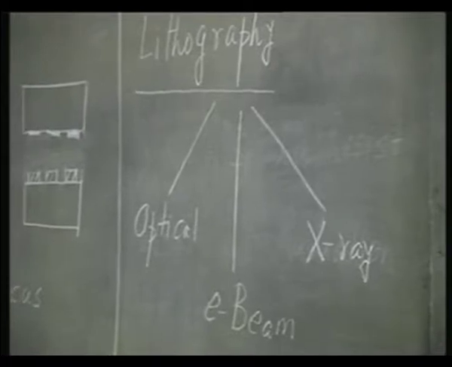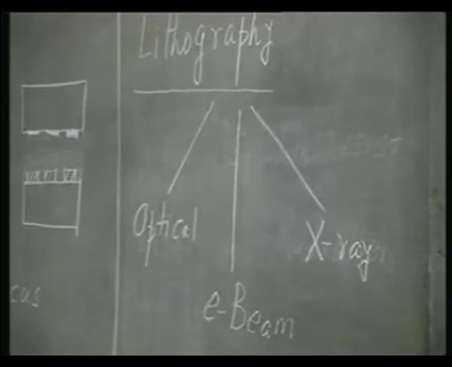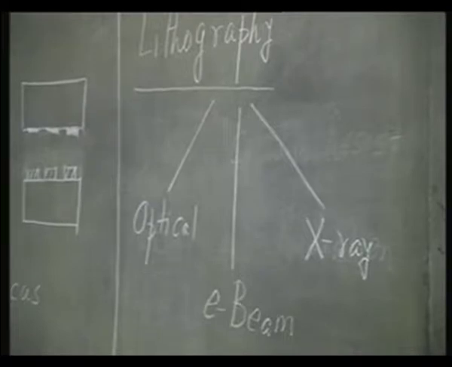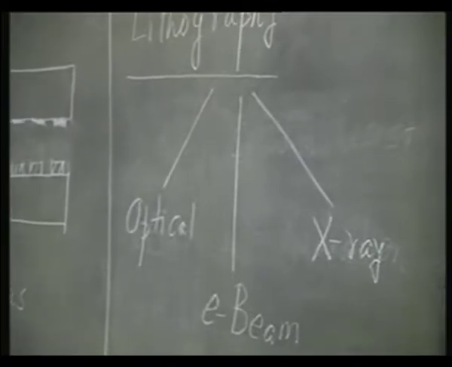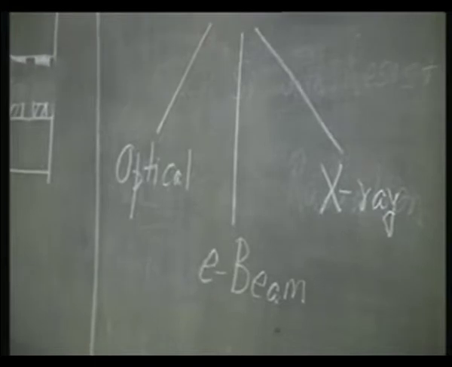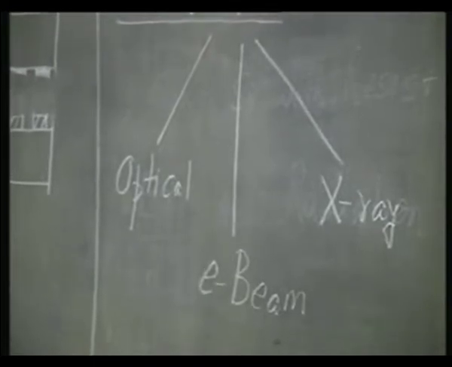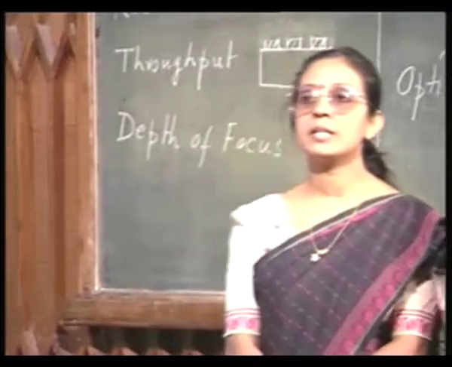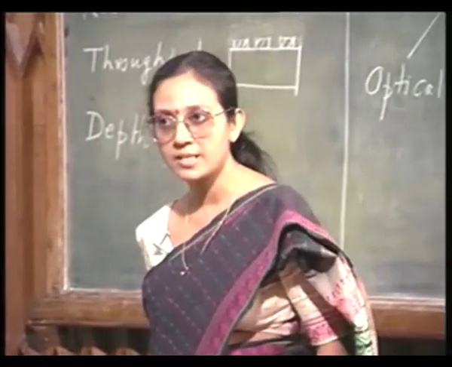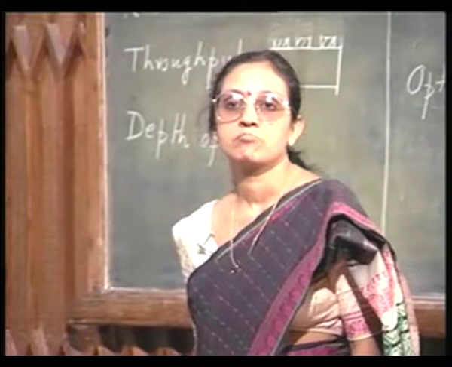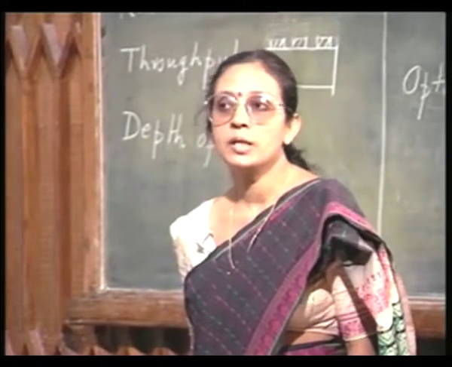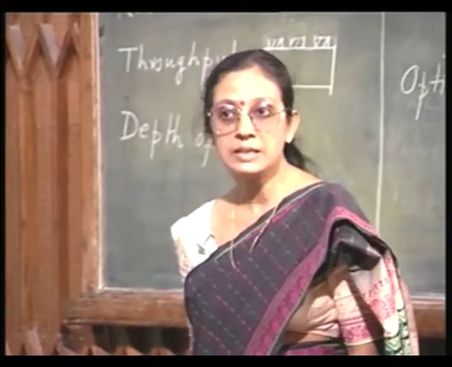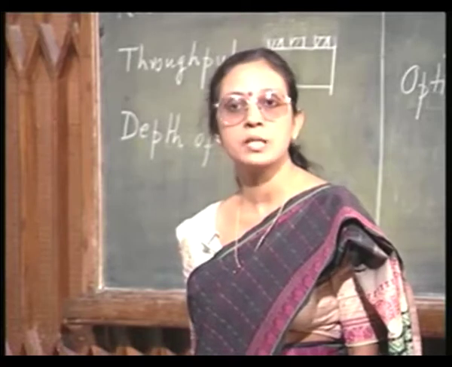In optical lithography, the resist is called a photoresist, which is sensitive to light, and the light that we use is UV light. In E-beam lithography, the resist is called an E-beam resist, that is, it is sensitive to electron beam radiation. In this case, as I said, we do not need a mask.